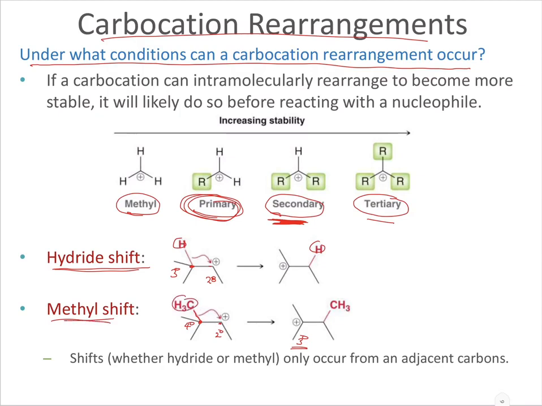So we move that methyl group to that second carbon, the adjacent one, and then we end up with a tertiary carbocation which is more stable. So we are going to be using the terms hydride shift and methyl shift. They usually occur from adjacent carbon atoms. Okay?